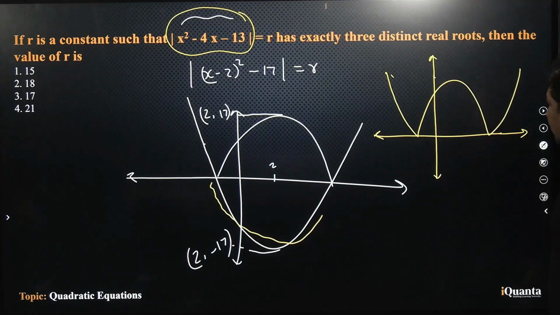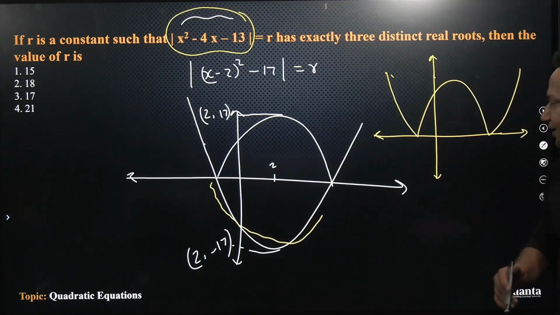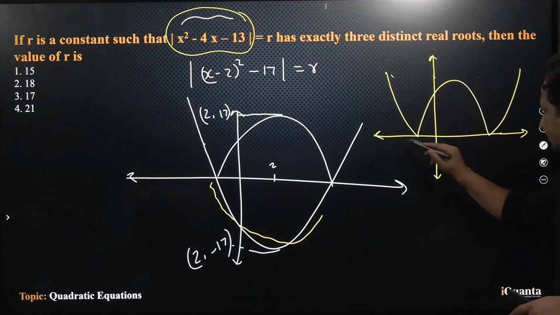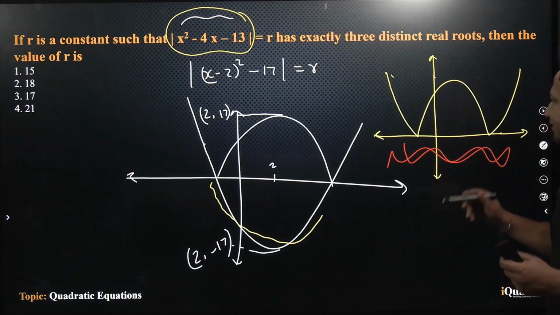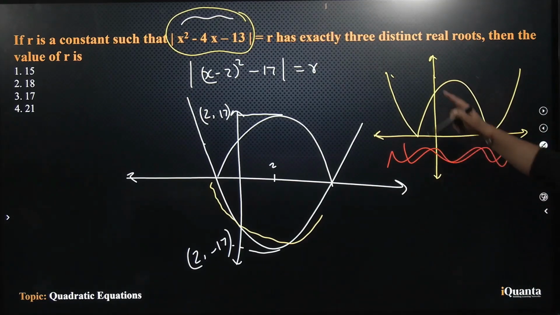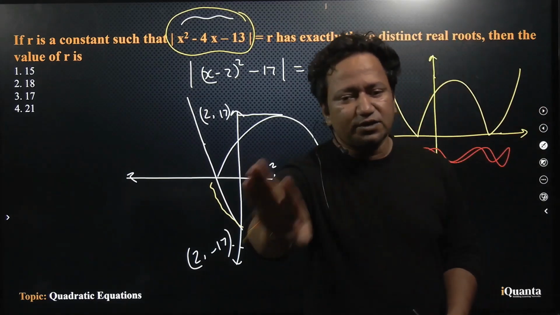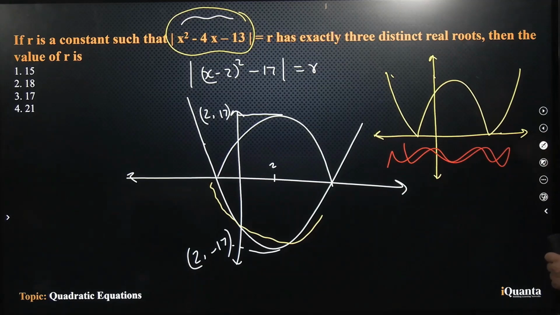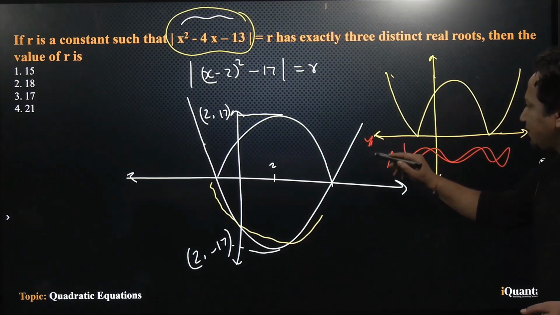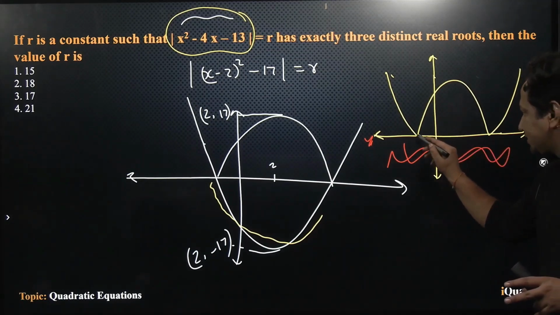All right. So there are various ways to do that. If r lies in this area, that is negative y, then of course it would never be intersecting with this curve. That means r cannot be negative. If r is negative, there will be no solution at all. Got it? Similarly, if r is equal to the x-axis itself, in that case, it will be intersecting the curve only at 2 points, this and this.